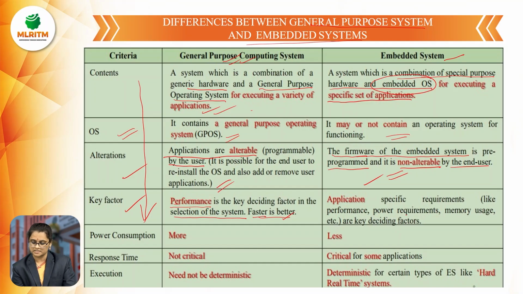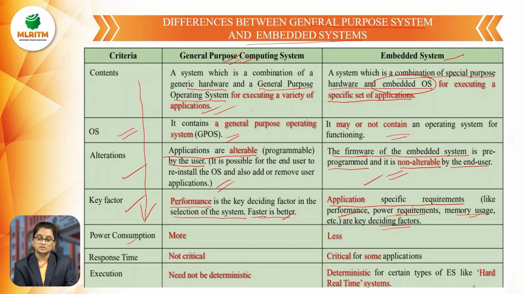For embedded system applications, specific requirements like performance, power requirements and memory usage are the key deciding factors. So depending on the application, the key factors are changeable. These are the key deciding factors, depending on application orientation.